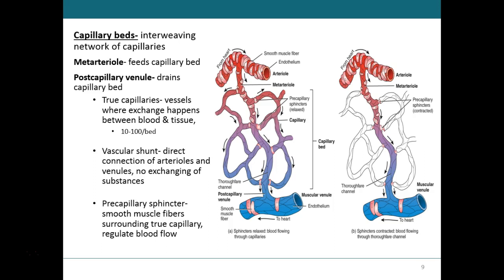So when the precapillary sphincters are open, then blood is going to flow easily through that capillary bed. But when the precapillary sphincters are closed or partially closed, the blood flow is going to stop or decrease through that capillary bed. So let's take a look at this. Here we've got tiny little precapillary sphincters, right? And if you look, if blood is coming into this meta-arteriole and these precapillary sphincters are open, then blood is going to flow out into all of the capillaries, and this just has a few little vessels out here.